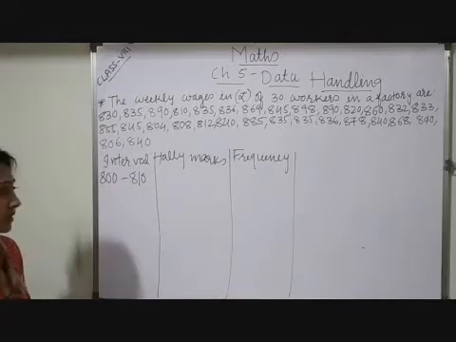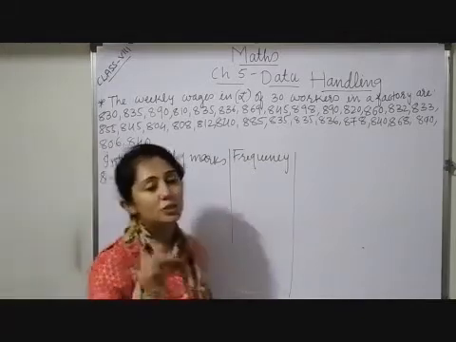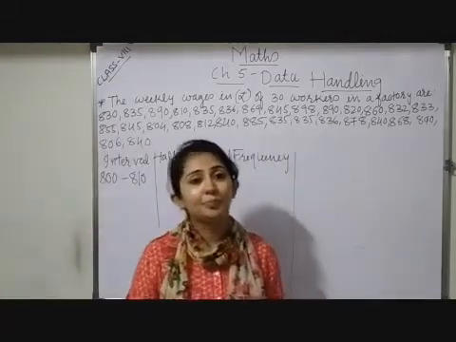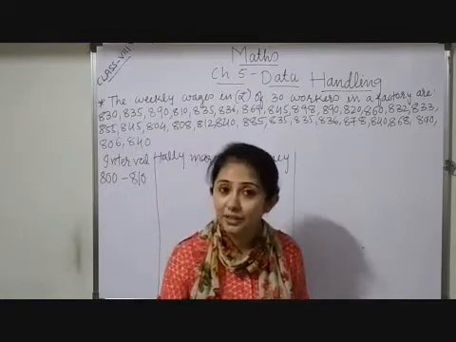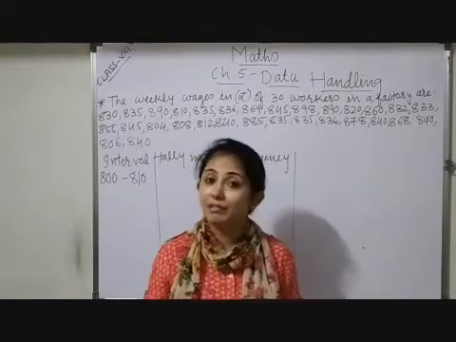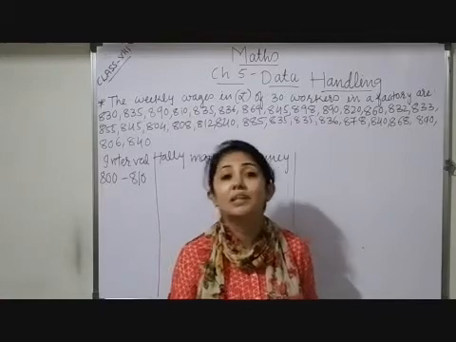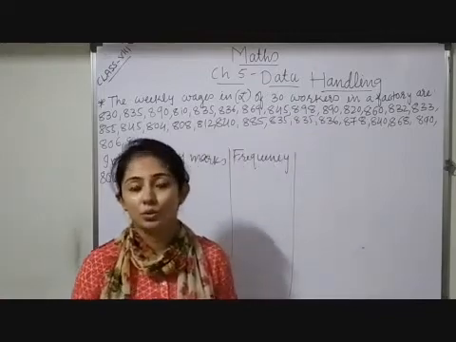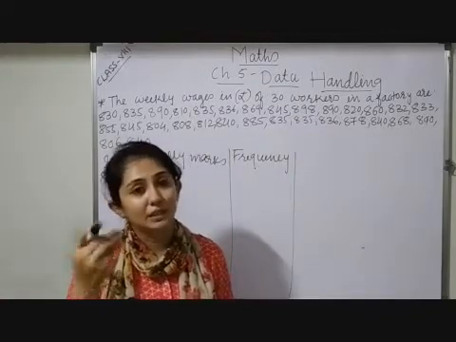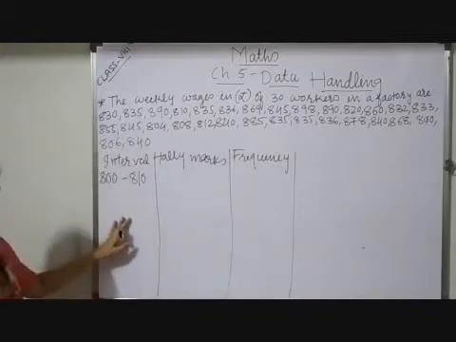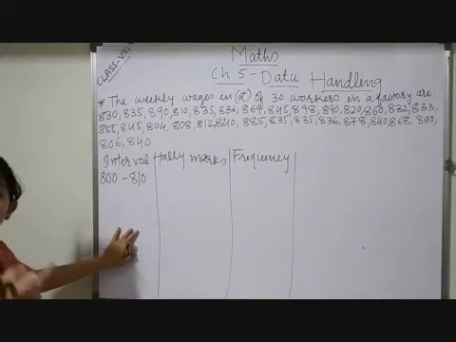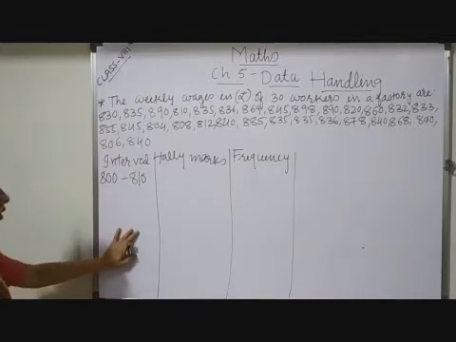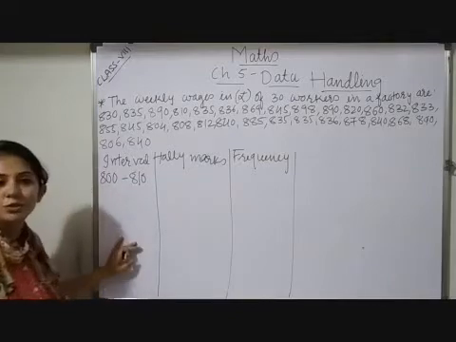It is not compulsory that you always choose a 10 unit interval gap. You may choose class size as 100 also. Your class size can be 5, it can be 50, it can be 1000, it can be lakh. That is up to you. As per your data and need, you may take the class size. Class size means the difference between upper limit and lower limit. Here I am choosing class size 10.